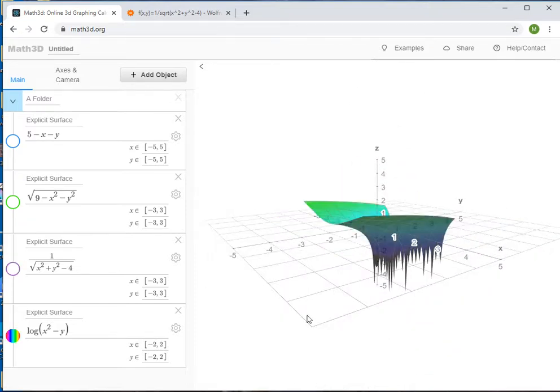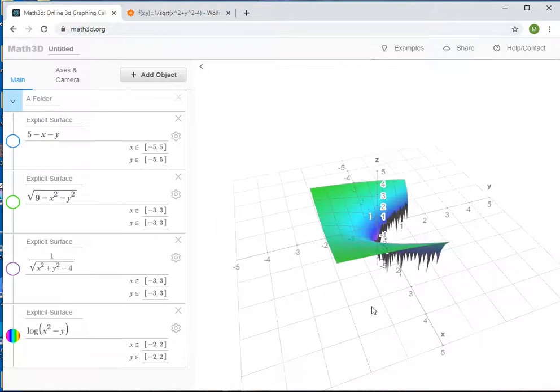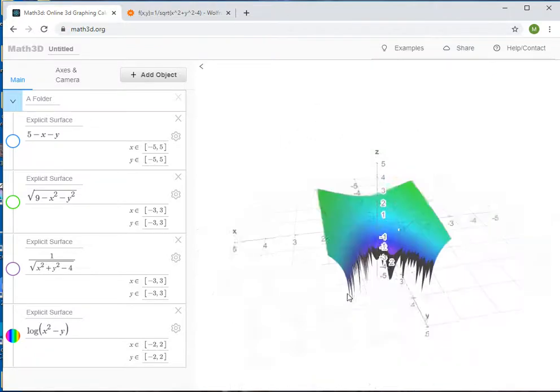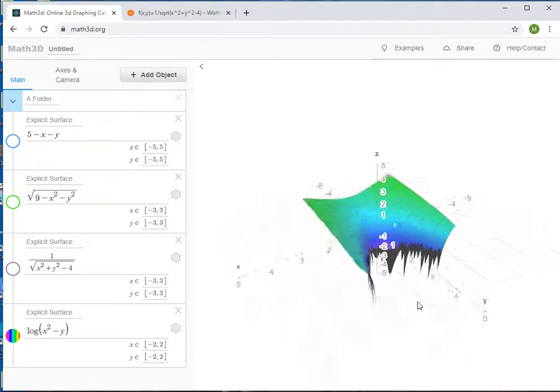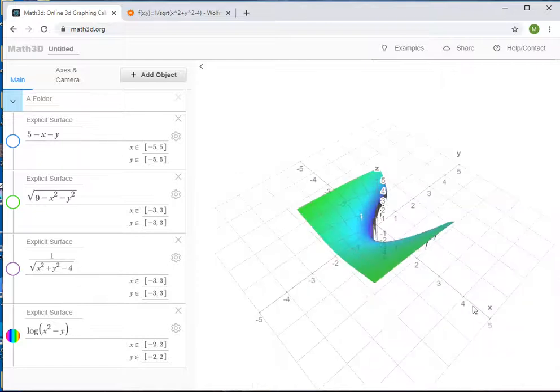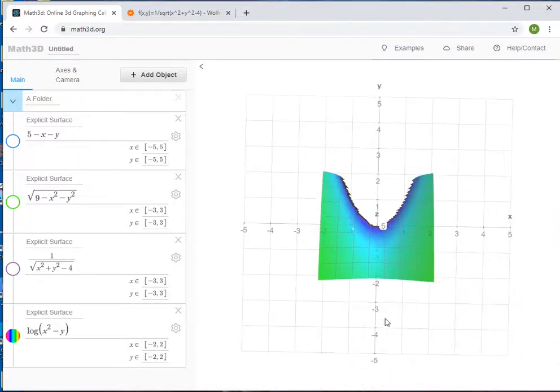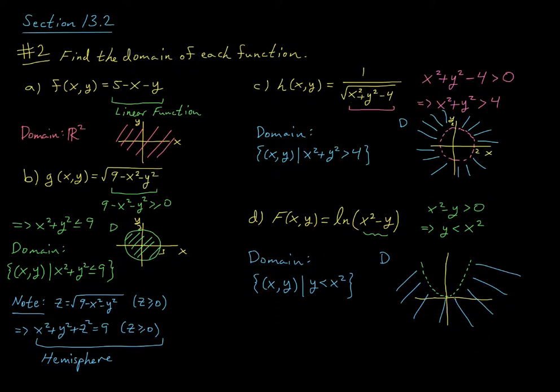And then the last one, this is pretty cool. So here's the surface. Again, we see some weird behavior around the boundary. Now, what is the boundary? Well, I'm going to take a look right here. We said it is everything below this parabola y equals x squared.